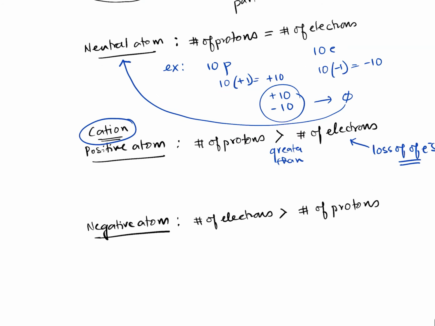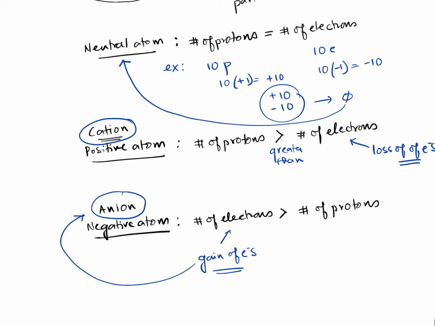And if that is the case, then what we say is electrons are gained. And this kind of atom is called an anion, okay? So whenever an atom gains electrons, you usually end up with an anion.